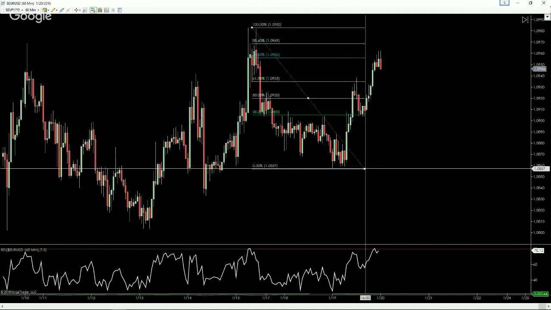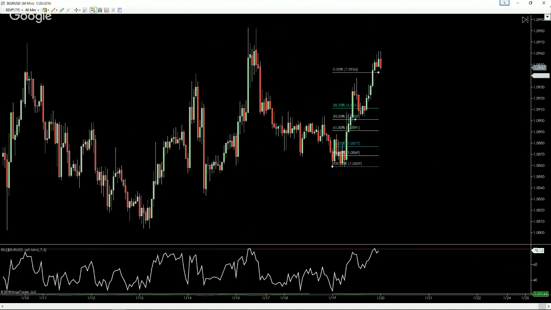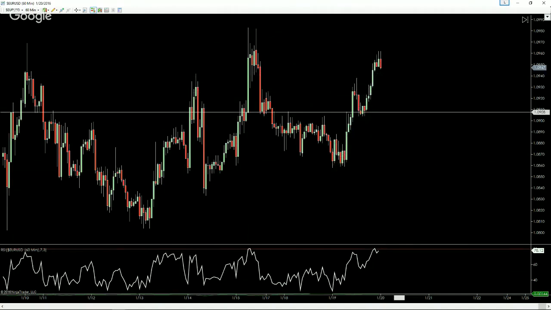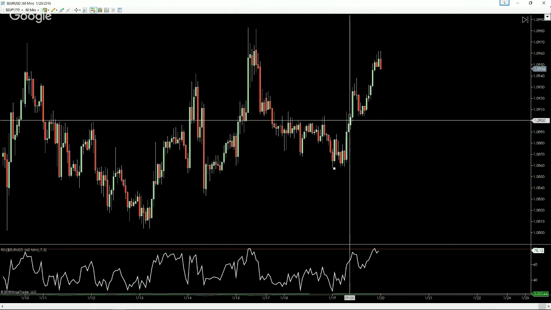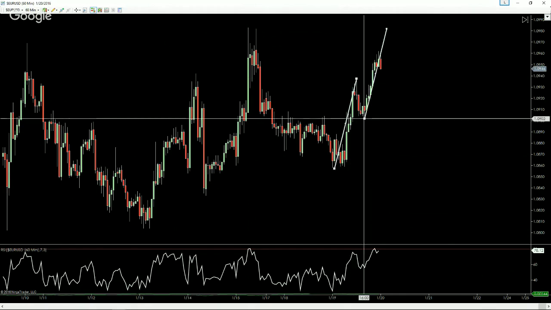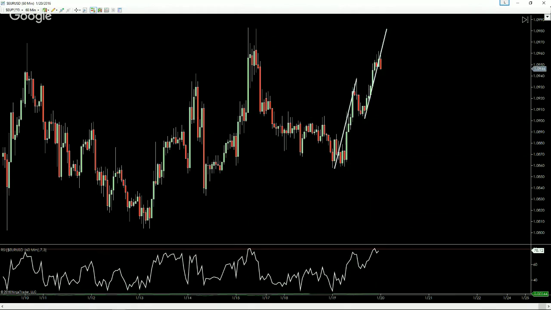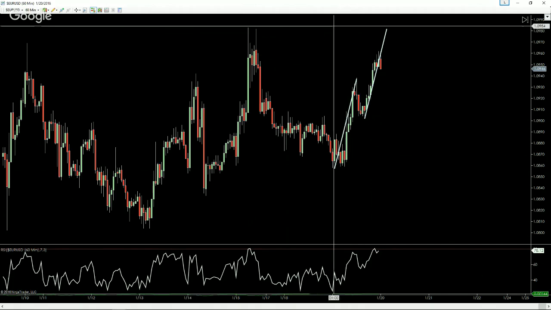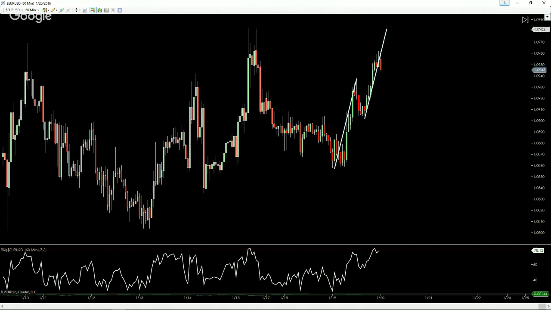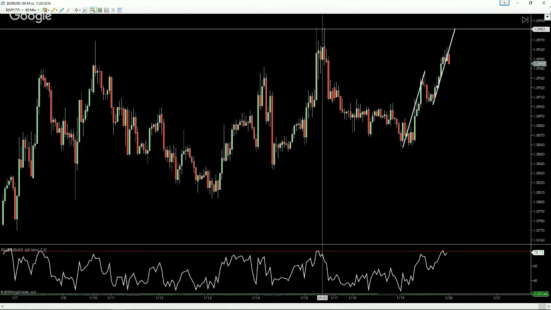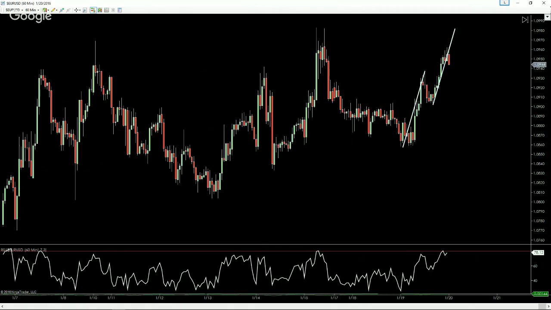On the 60-minute, no advanced pattern there. However, we do have a harmonic pattern that finishes right at the top of that resistance level that's forming.